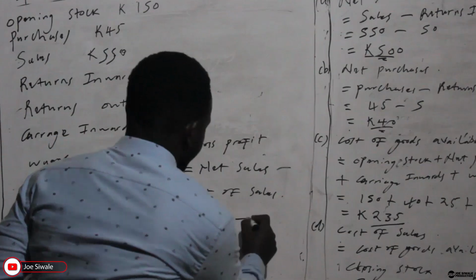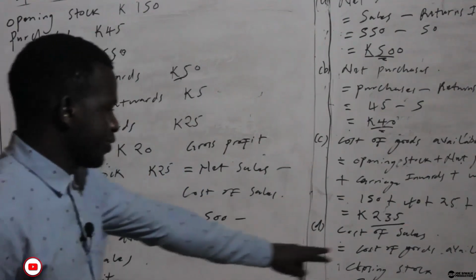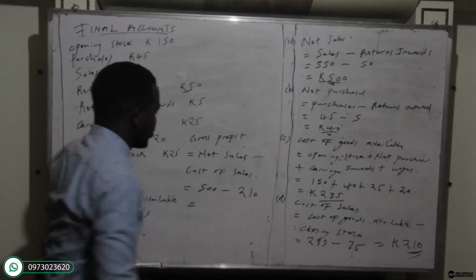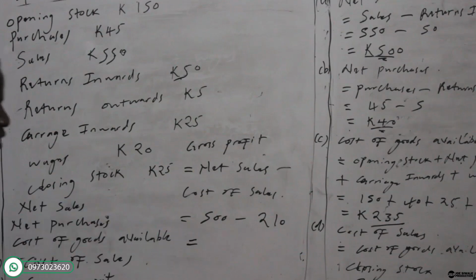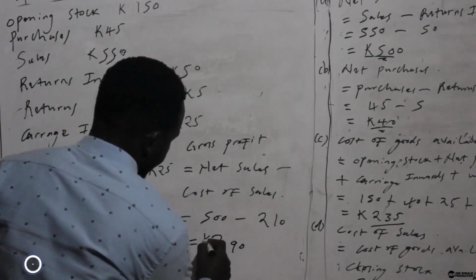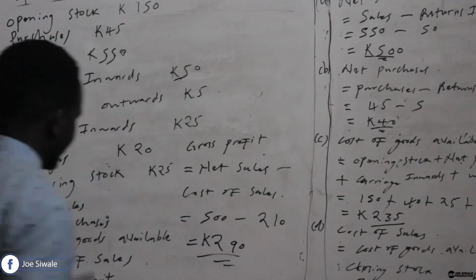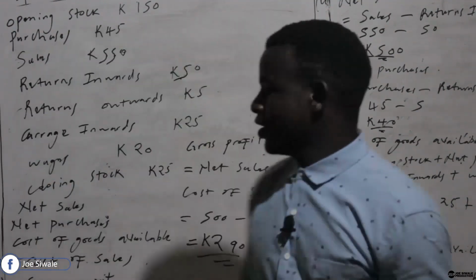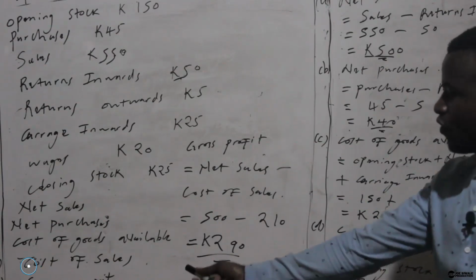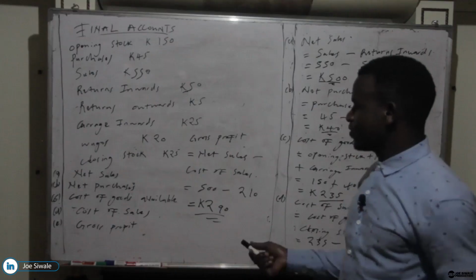So we say 500 minus cost of sales. Cost of sales we had calculated as 210. So 500 minus 210 there, we have 290 kwacha. So that's how you can calculate the net sales, the net purchases, cost of goods available, cost of sales, and the gross profit.